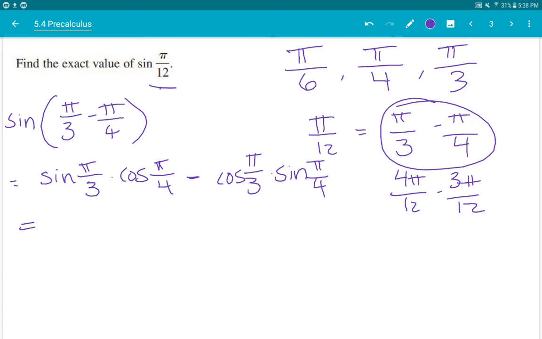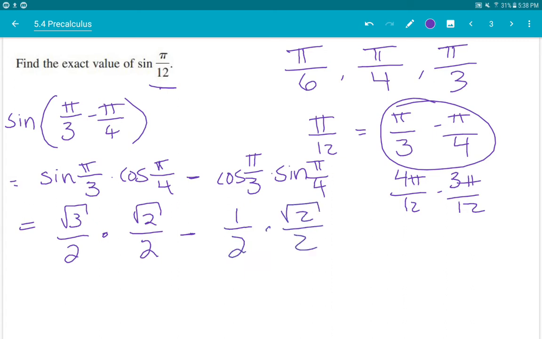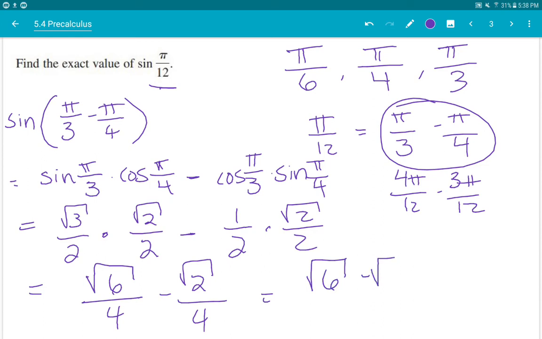Okay, so sine of pi over 3 is radical 3 over 2. Cosine of pi over 4 is radical 2 over 2. Minus cosine of pi over 3 is 1/2, and then we get radical 2 over 2. So this is going to give me radical 6 over 4 minus radical 2 over 4, which gives me radical 6 minus radical 2 over 4. And there's your function value.